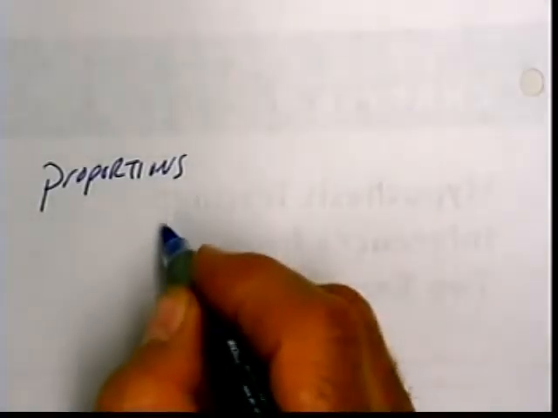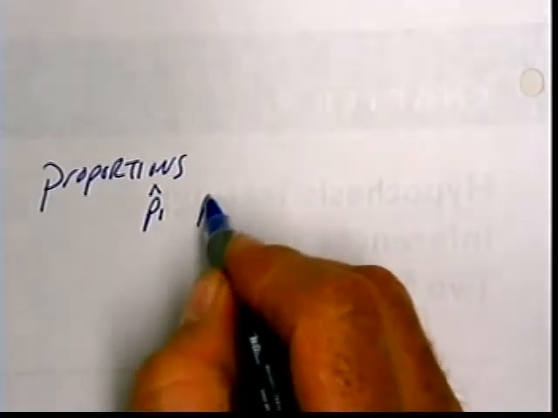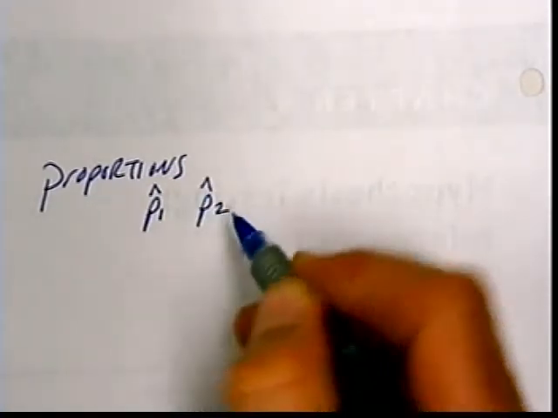And in the book, we have a test to compare the estimate of proportion 1 from the estimate of the second proportion.